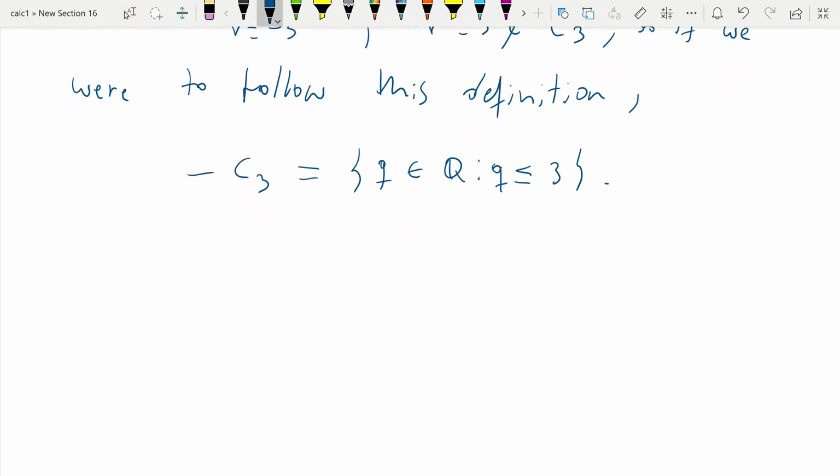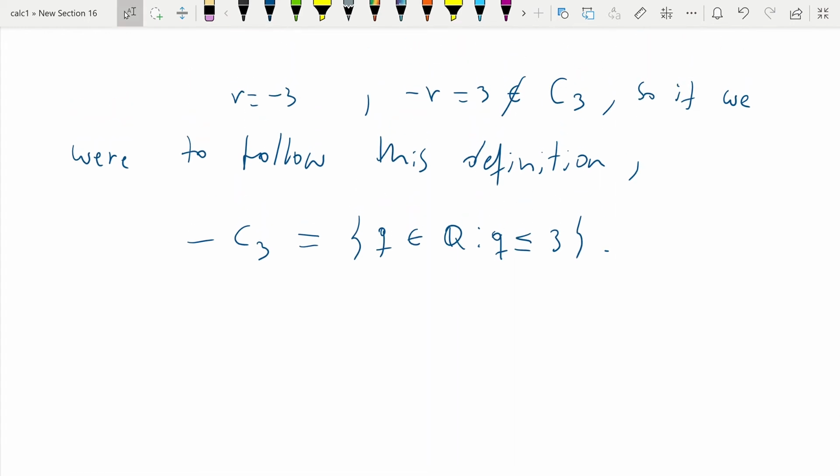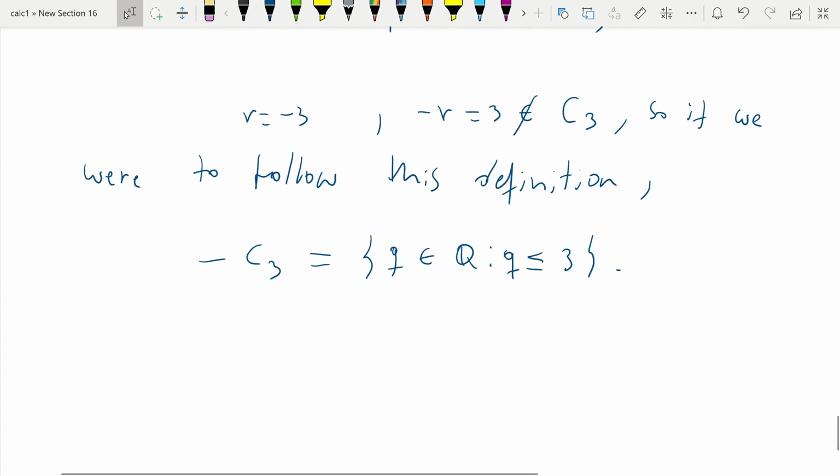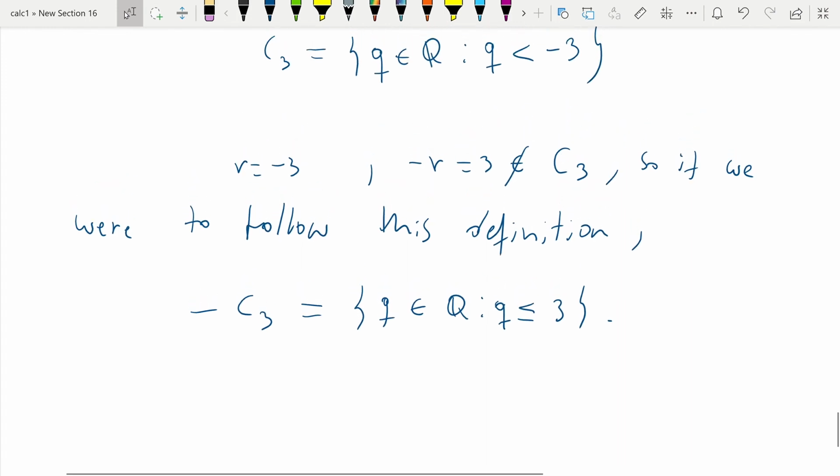Okay, but the answer for that part B is essentially that. You don't want to include the endpoint. That's problematic about it. But what you can ask is that the set is instead the following, which accomplishes the same thing.